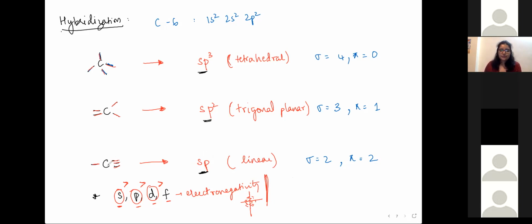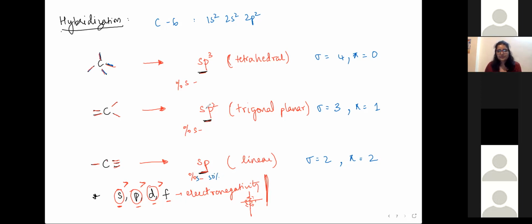So the triple bonded carbon has sp hybridization, which means that it has two sp orbitals. Abhi, if you compare sp versus sp2 versus sp3, which one has maximum S character? The linear one, 50%.